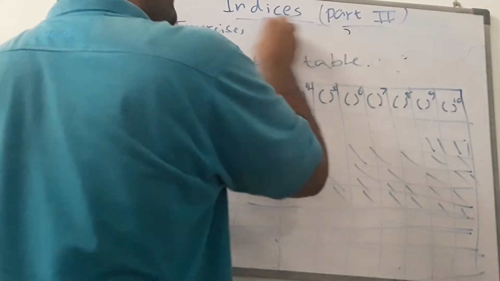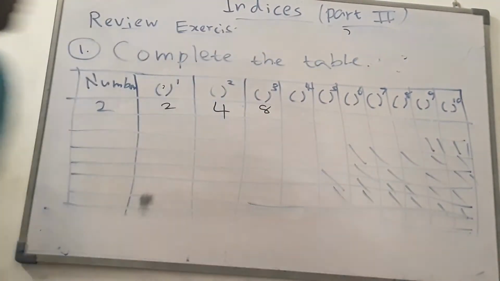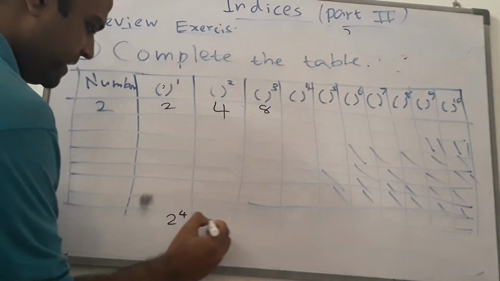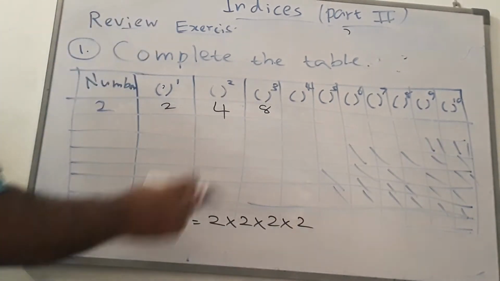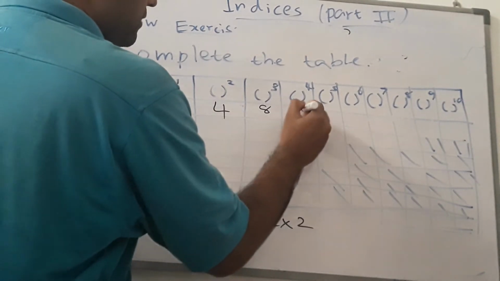Suppose a sum like this for an example. 2 to the power 4 means you have to multiply 2 by itself 4 times. We know 2 to the power 3 is 8. 8 times 2 is 16.